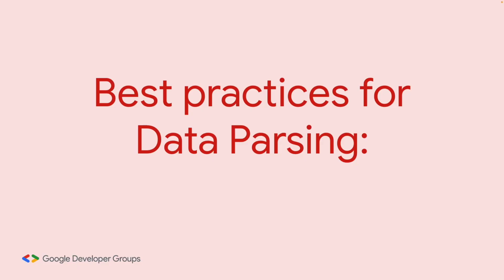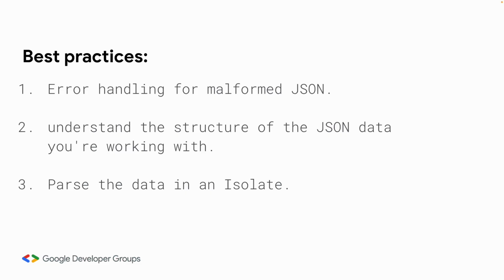Now, what are some best practices when you are parsing data? One is you have to make sure you handle malformed JSON. There are sometimes that the JSON data coming isn't structured well.